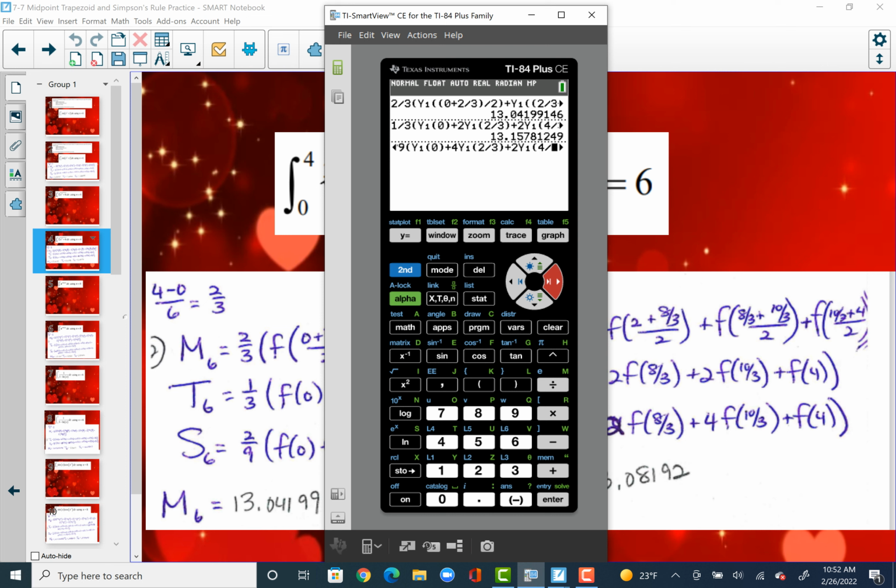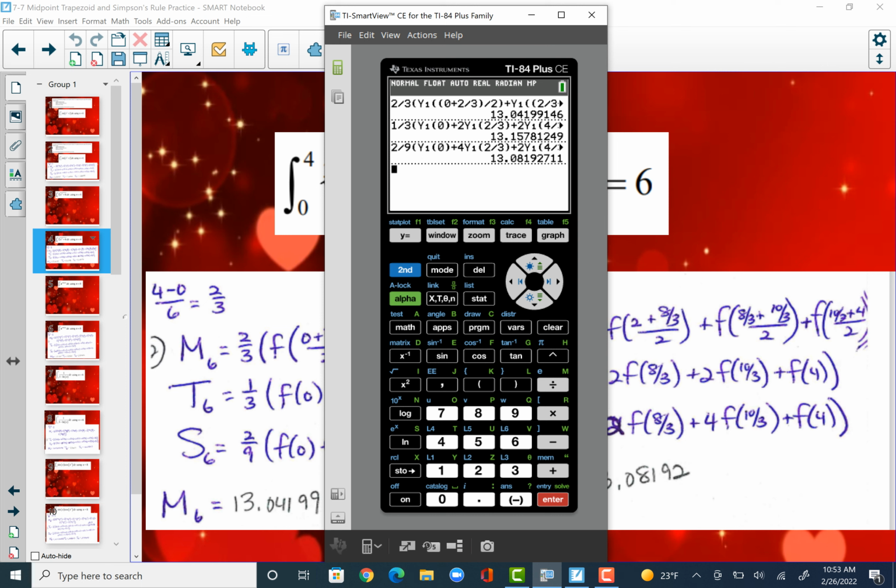Again, the second one stays at 2, and then this one changes to 4. The next one stays at 2, then I write over it and have a 4, and then this is the last term. So it's a little easier to just change from trapezoid to Simpson's rule, and then hit enter, and that would be my answer for Simpson's rule.